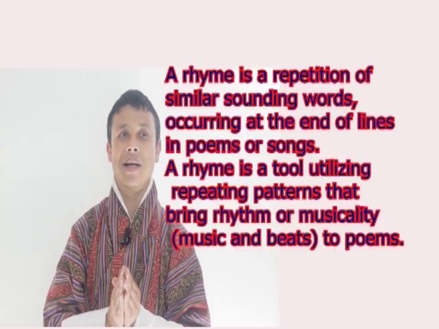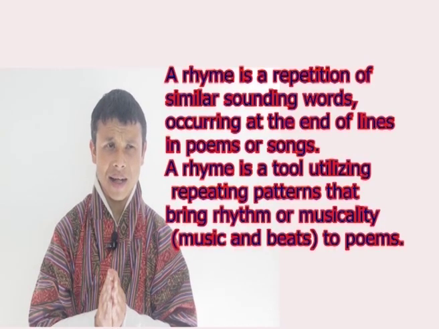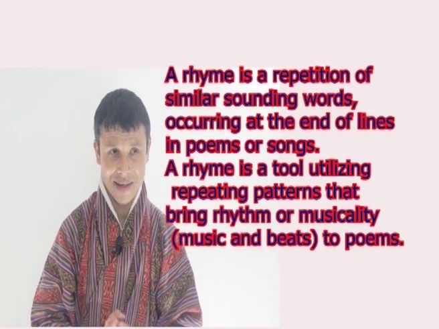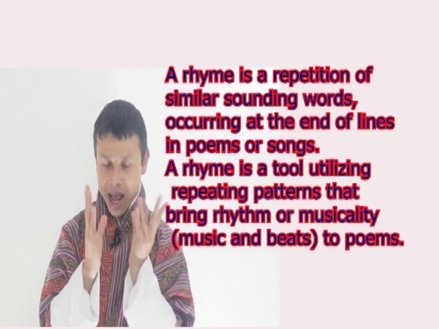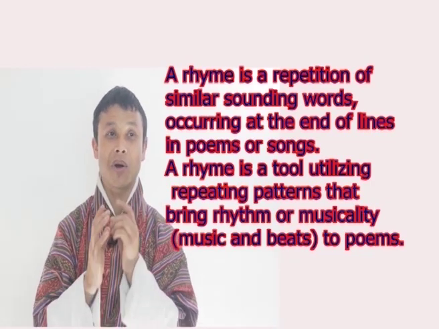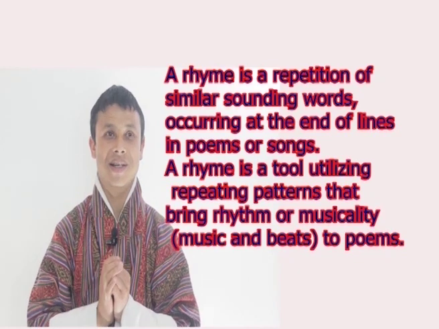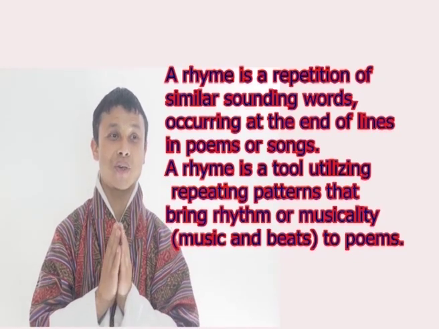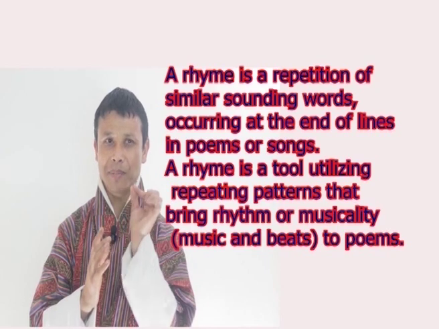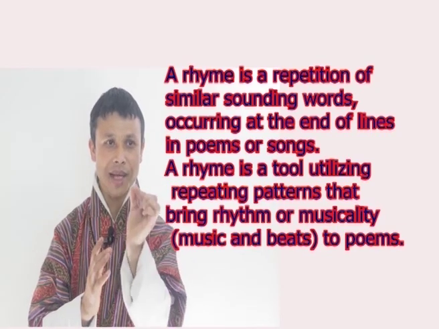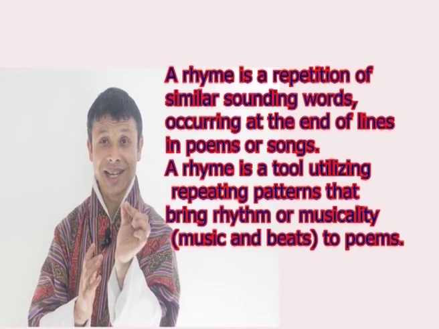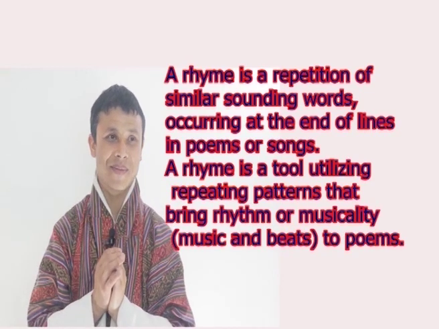Let us define rhymes. A rhyme is a repetition of similar sounding words occurring at the end of lines in poems or songs. A rhyme is a tool utilizing repeating patterns that bring rhythm or musicality to poems.